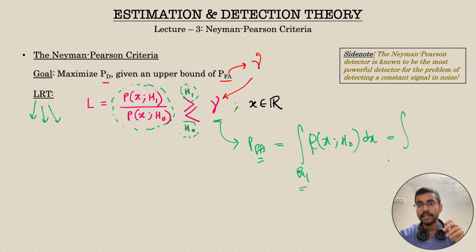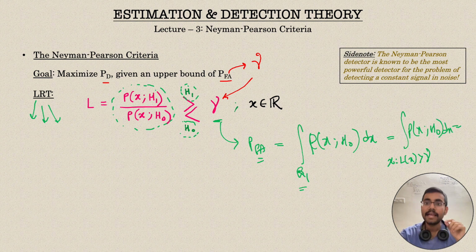So this is basically the probability of X such that the LRT is greater than gamma, under H0. When we are given the tolerance, a value of P of FA, we can determine gamma from that. We'll be solving a lot of problems to show this. This threshold gamma can be determined from the value of P of FA that is given to us.